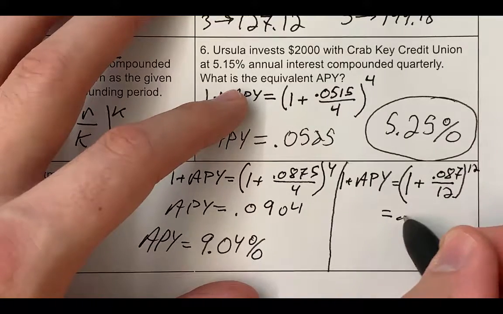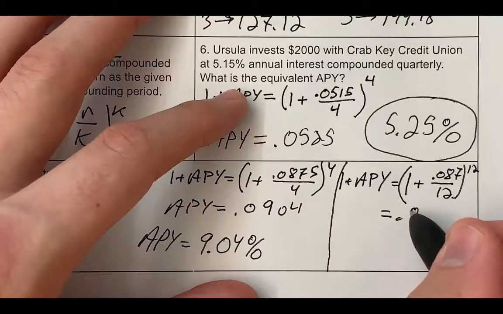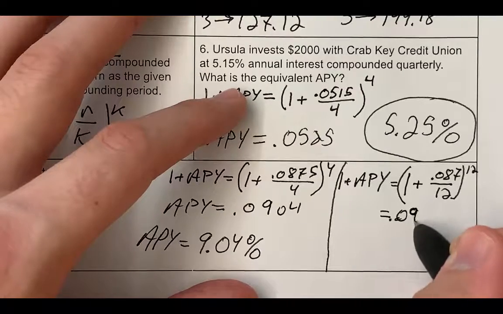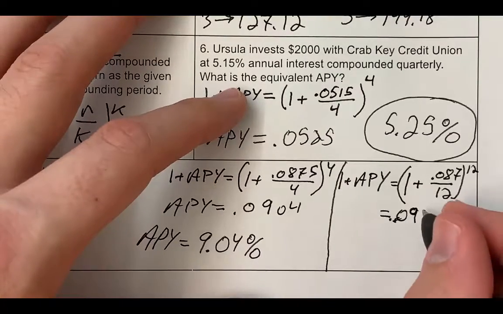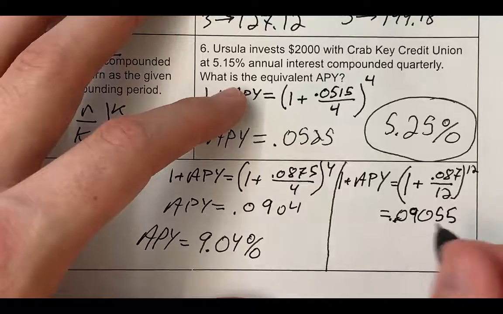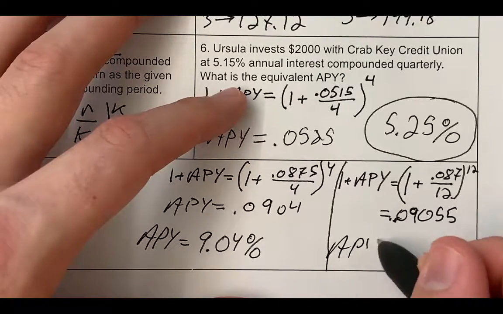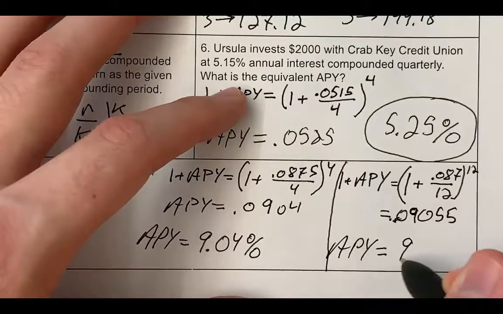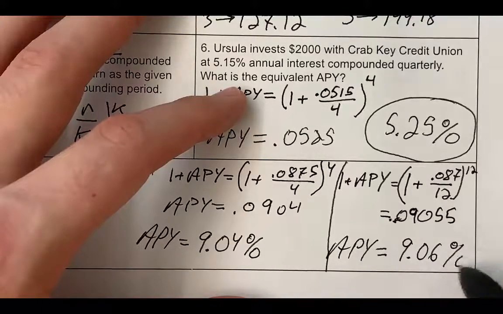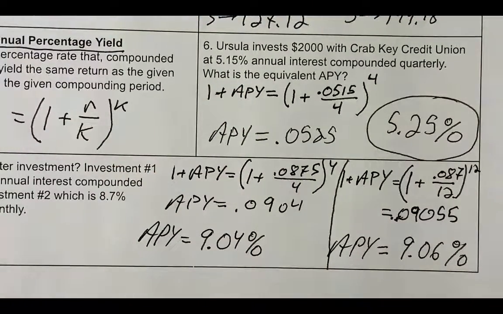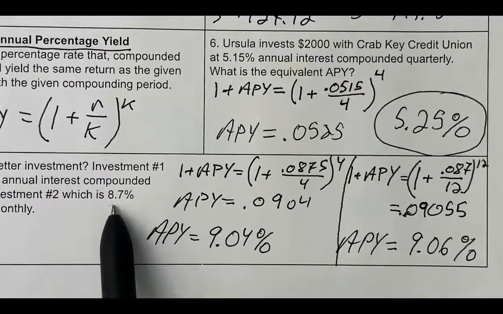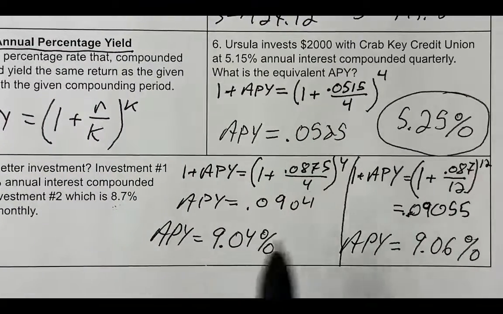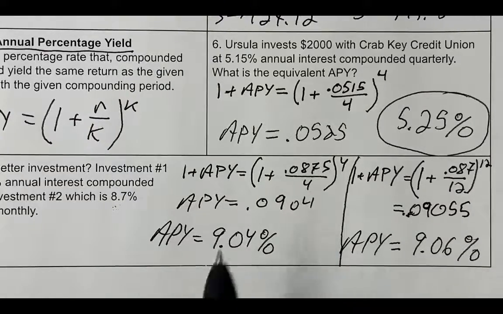You get 0.09055, which turns out to be an APY of 9.06%. So that second investment is a better investment. The one with the lower percentage, but compounded more frequently, ends up making you more money if you equalize both investments to compare the amounts you'd make.